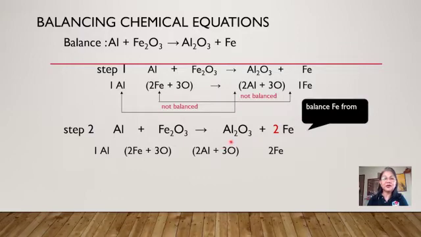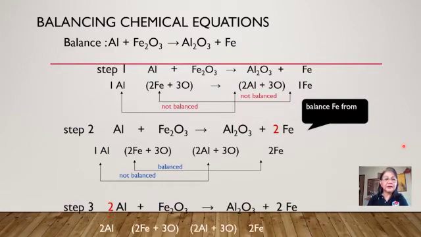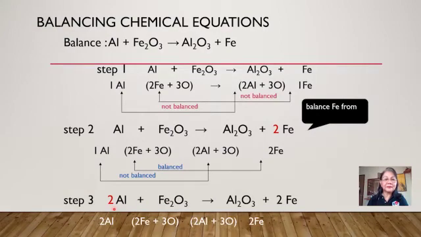If there are 2 aluminum in the product, then we can safely write the coefficient 2 for aluminum in the reactant. So this balances out our equation. If we count the number of aluminum, iron, and oxygen atoms in the equation, the equation is now balanced.